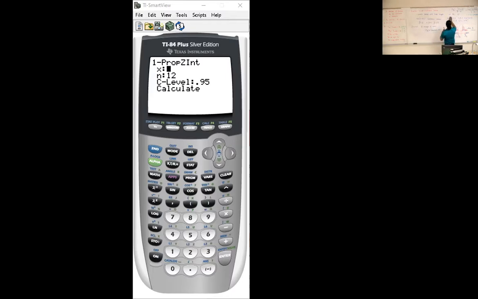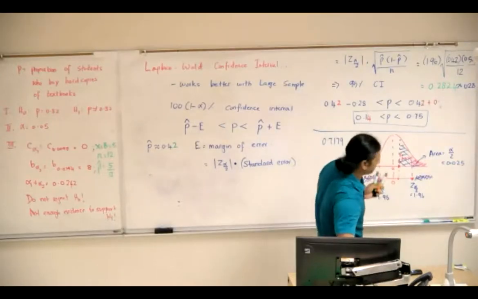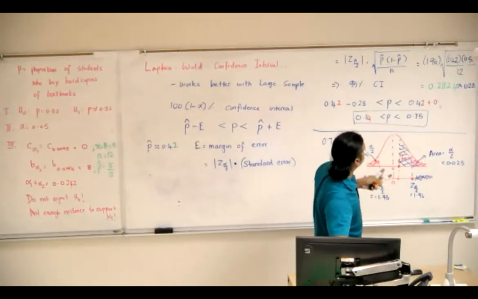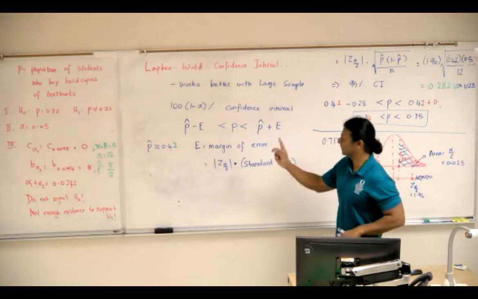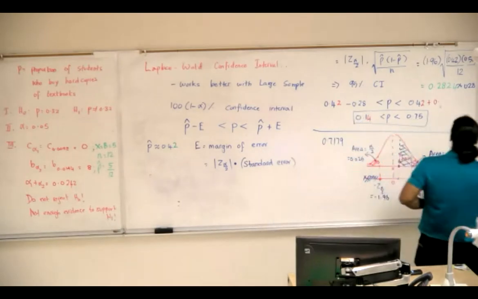Again, correct me if I'm mistaken. So this would be 0.14 and 0.42 plus 0.28. Well, we have to change everything. I thought p hat was 0.47. In reality, it's actually 0.42.